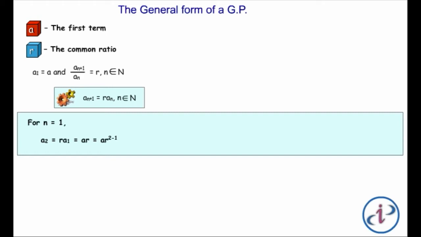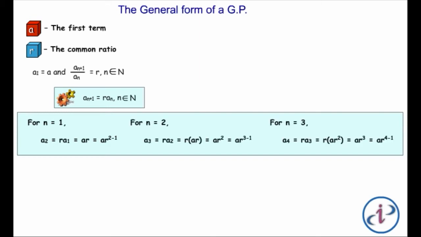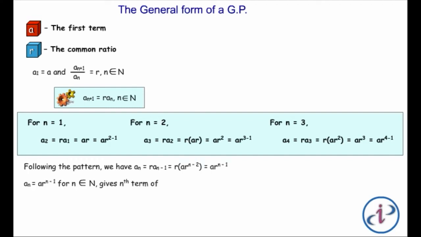Since A1 equals A, r times A1 is equal to A times r. We can write r as r to the power 1, which is equal to r to the power of 2 minus 1. Similarly, we get for n equal to 2 and 3. Following the pattern, we have An is equal to A times r to the power of n minus 1, which gives the nth term of a geometric progression.